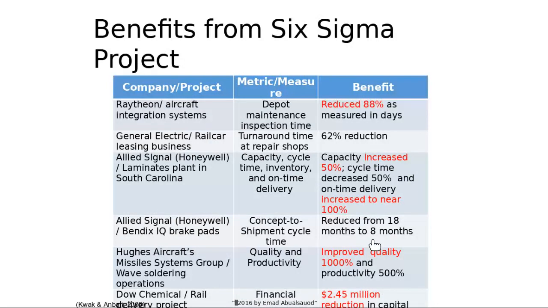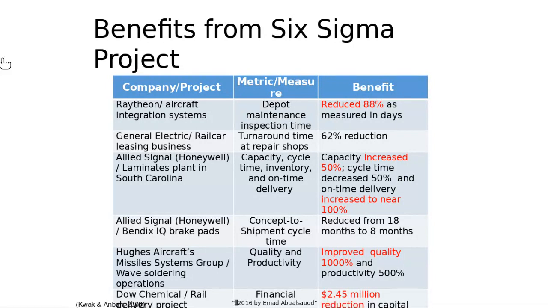Big name companies like General Electric have benefited from Six Sigma by reducing waste by 62%. Some people improved or reduced the shipping time from 18 months to 8 months, cutting it almost in half. Dow Chemical reduced expenditure cost by 2.45 million.